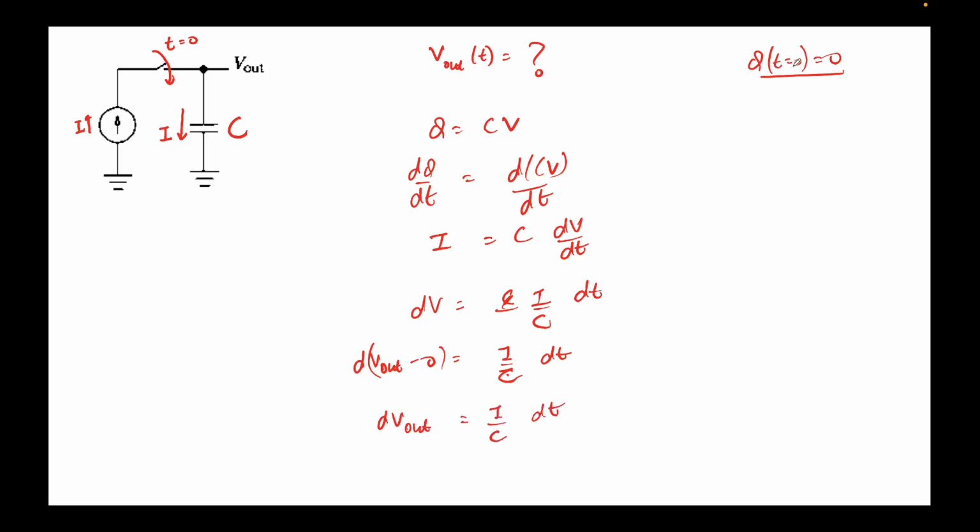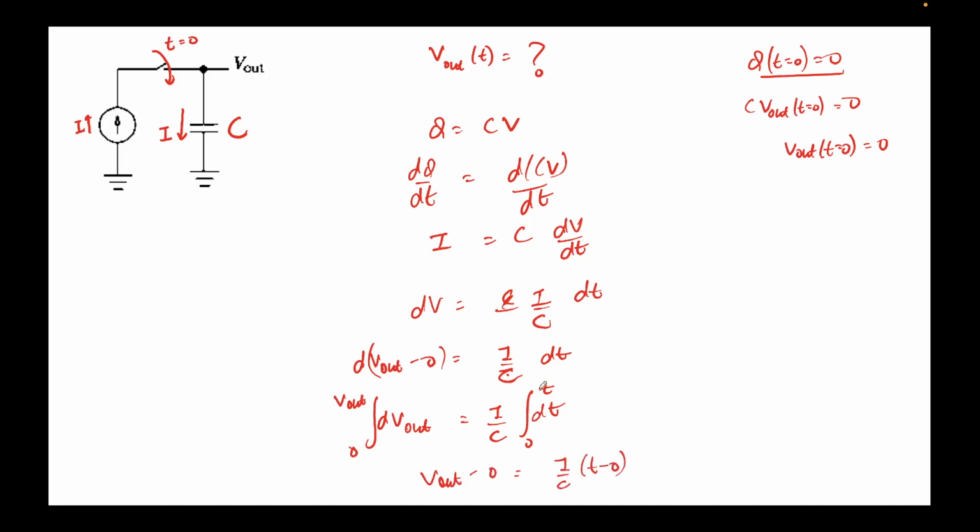Now we note that Q at t equal to 0 was 0. So CV out at t equal to 0 is also 0. Capacitance is not 0, so V out at t equal to 0 was equal to 0. If I integrate from time 0 to some time t, with V out going from 0 to some voltage V out, I'll get V out minus 0 equal to I over C times t minus 0.